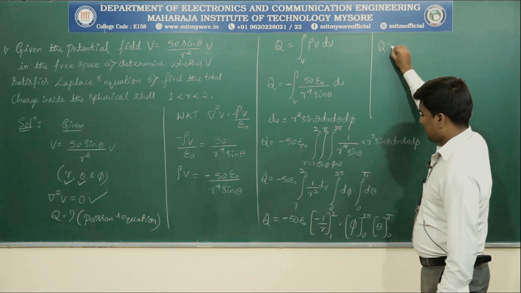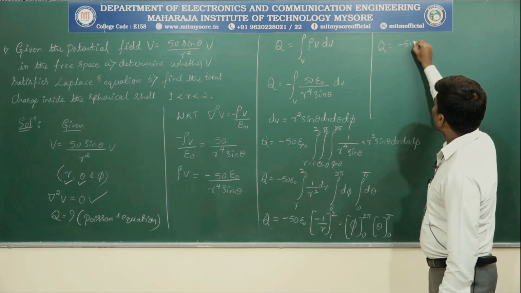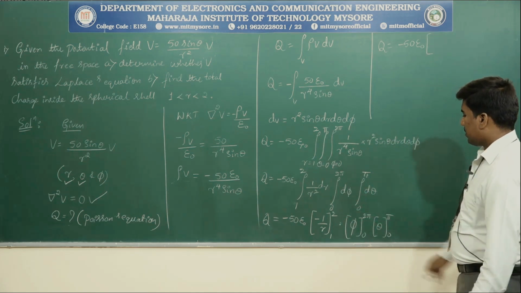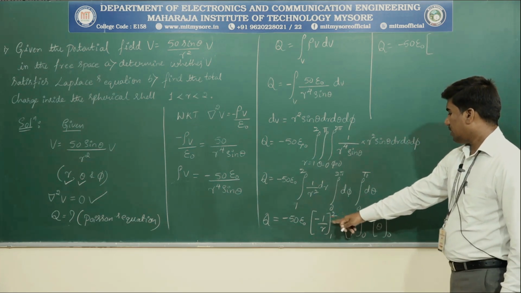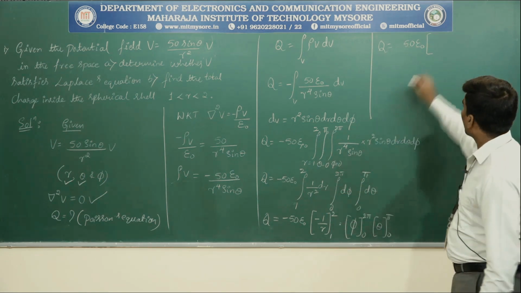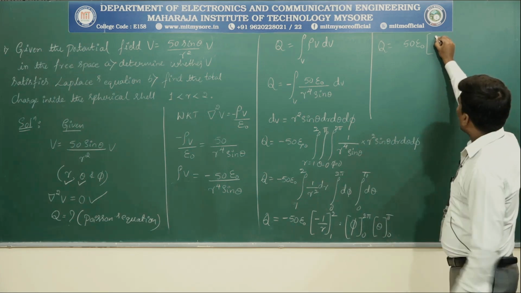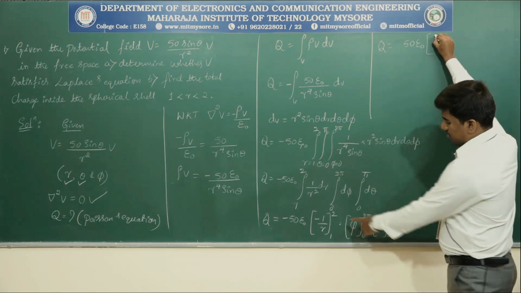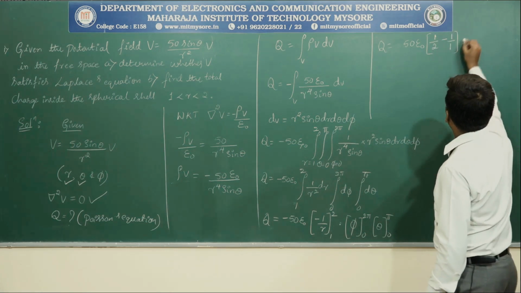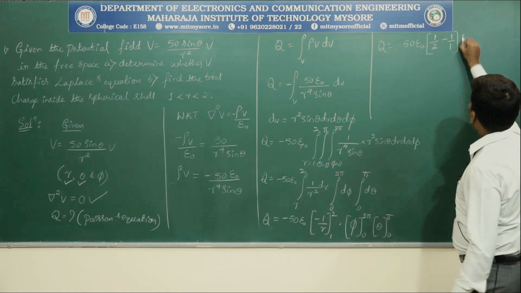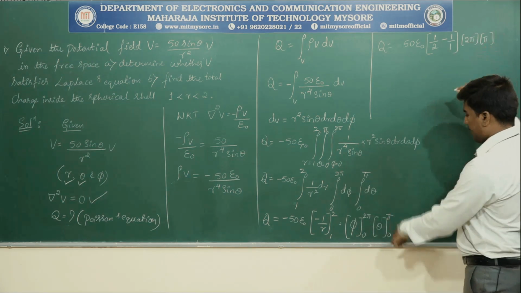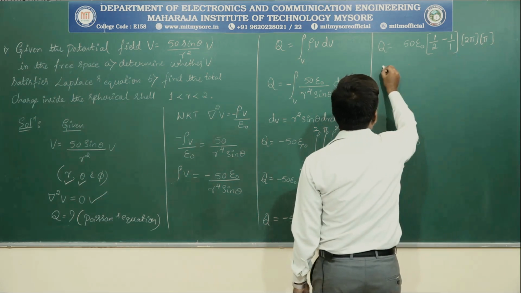Q is equal to minus 50 epsilon naught into, look at this, take minus outside, then this becomes plus. 1 by 2 minus 1 by 1 into 2 pi into pi minus 0. So what we are going to get?